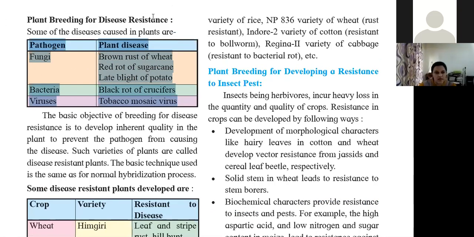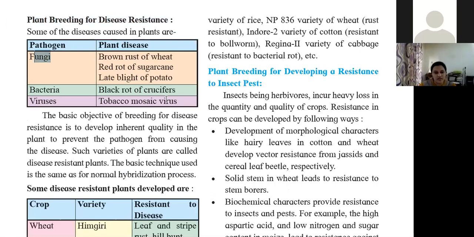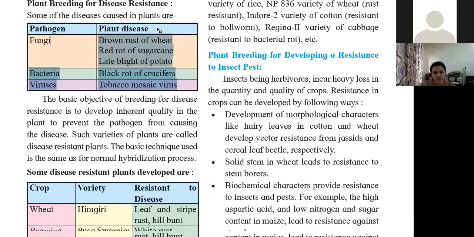This is plant breeding for disease resistance. So here the purpose is to create disease free plants, right? So which are the different diseases which affect the plants? So these are the diseases caused by fungi, bacteria and virus. Remember these names.